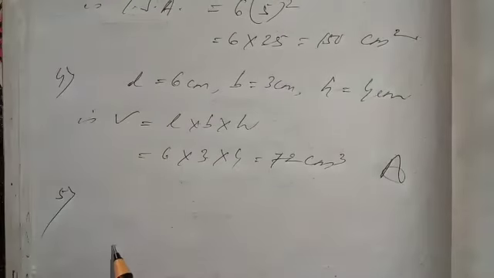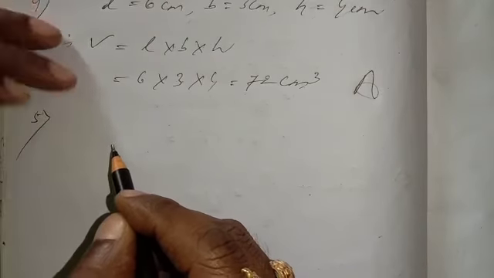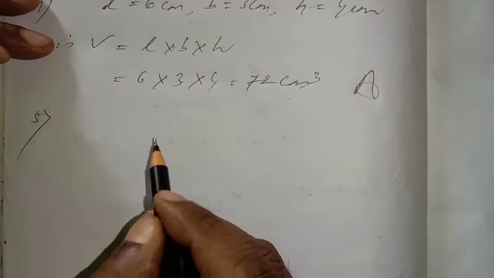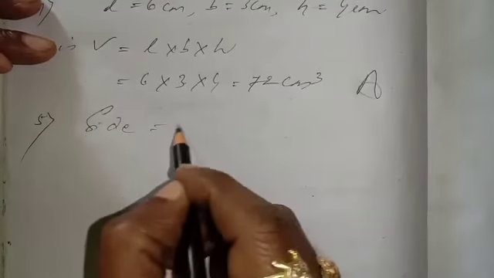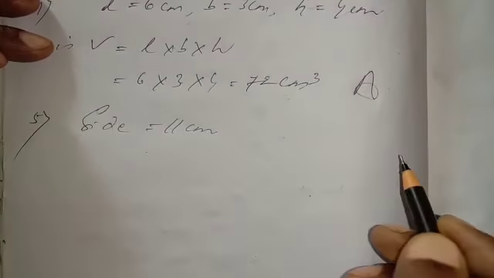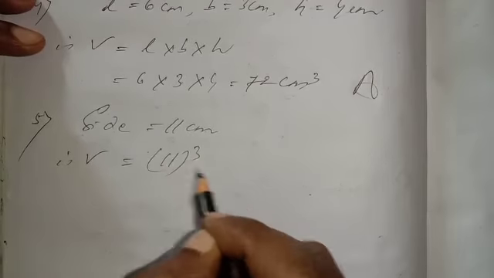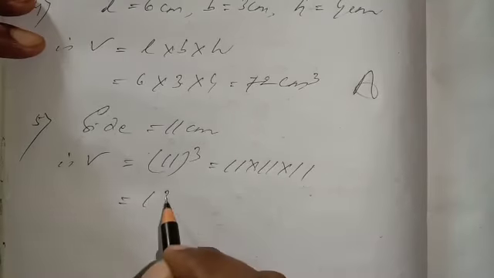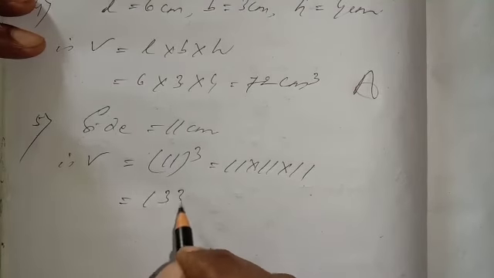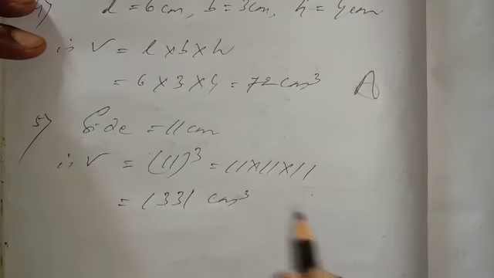See question number 5, what is given. Question number 5. The volume of a cube with an edge of 11 centimeter. That is the side of the cube, given as 11 centimeter. Therefore, volume will be side whole cube, 11 into 11 into 11, that will be 1331 centimeter cube.